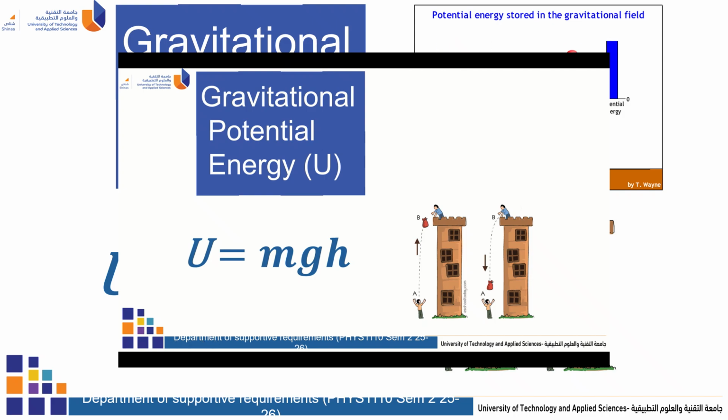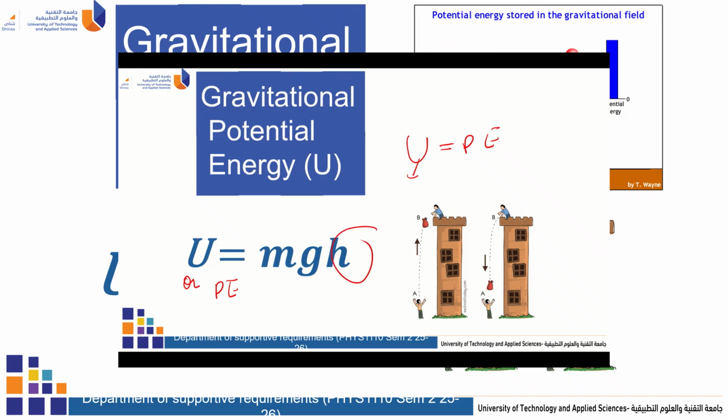In chapter number 5, in part 2, the next topic is gravitational potential energy. This is denoted by U, or sometimes by PE. The symbol is U or PE, and the unit of this is joule, because this is energy. Basically this potential energy depends on the height.